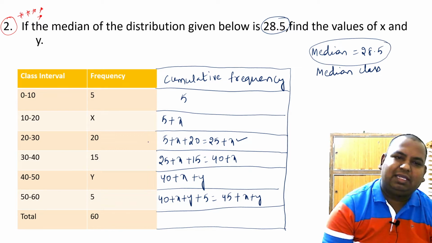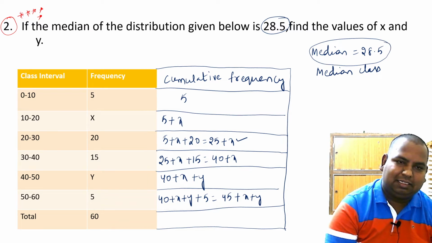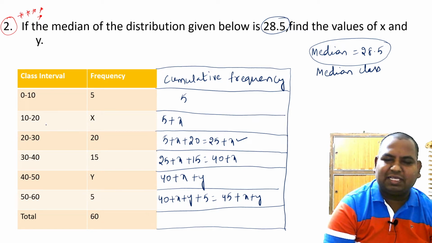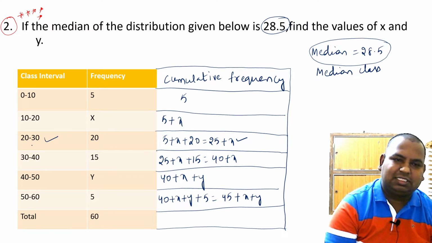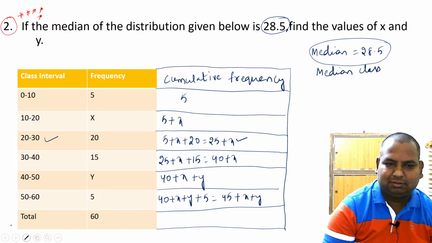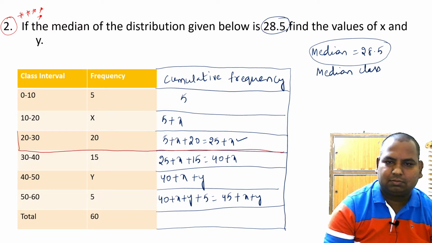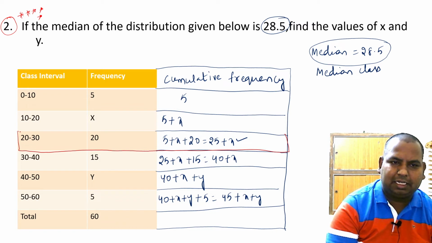So 28.5 is lying between 20 and 30, so this is the median class.